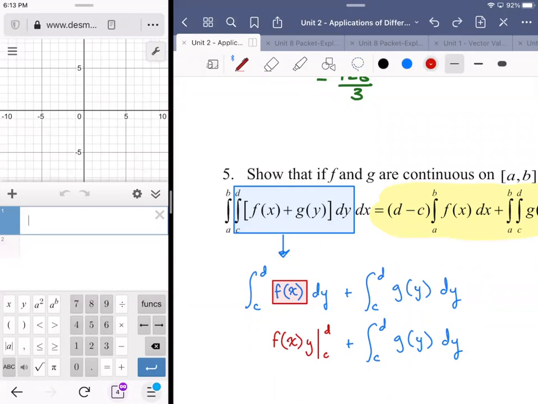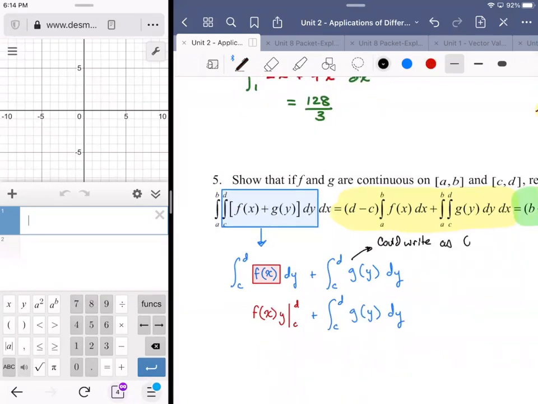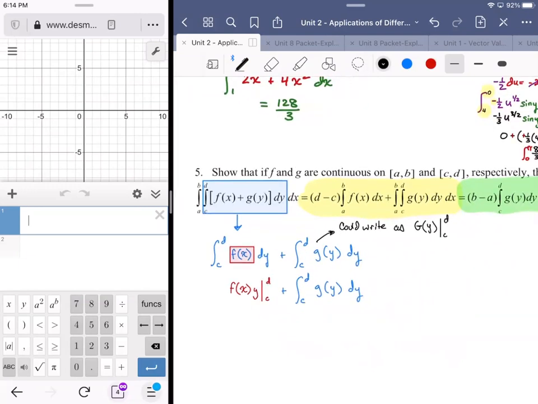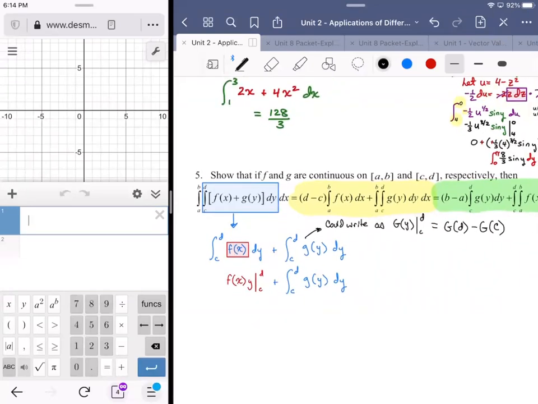When you anti-differentiate a lowercase g, you could represent it as an uppercase G. So you could write capital G of y over the interval of c to d, in which case you could go even further and call this capital G of d minus capital G of c. The only issue is that you get stuck at that point.